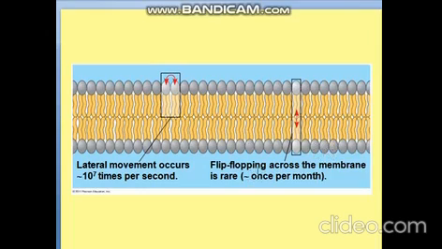Okay, so this flip-flop movement is rare, but the lateral movement is a huge number. They occur 10 raised to the power 7 times per second. Okay, so what is the significance of this movement?